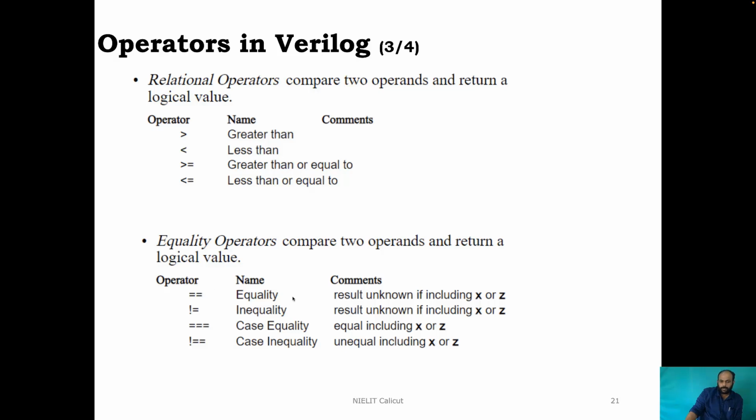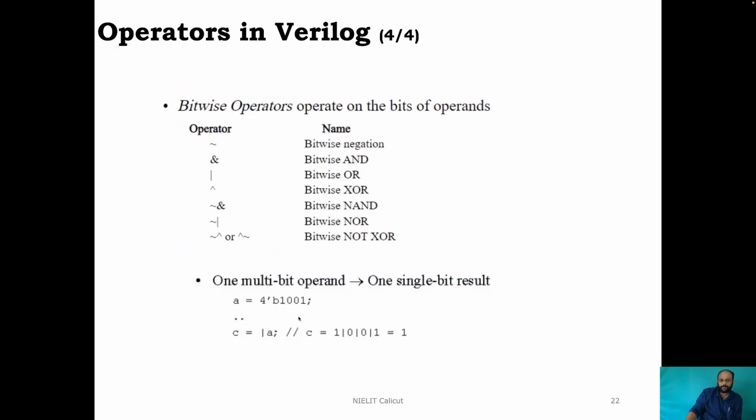The problem with these two operators is that if one of the bits of the operand happens to be X or Z, the result will be unknown. So if you want to check only certain specific bits of two operands and you don't care about the rest of the bits, you can use something called case equality, which ignores X or Z. It will check only the well-defined bits, whether they are equal or not, and produce an output. We'll see examples of that.